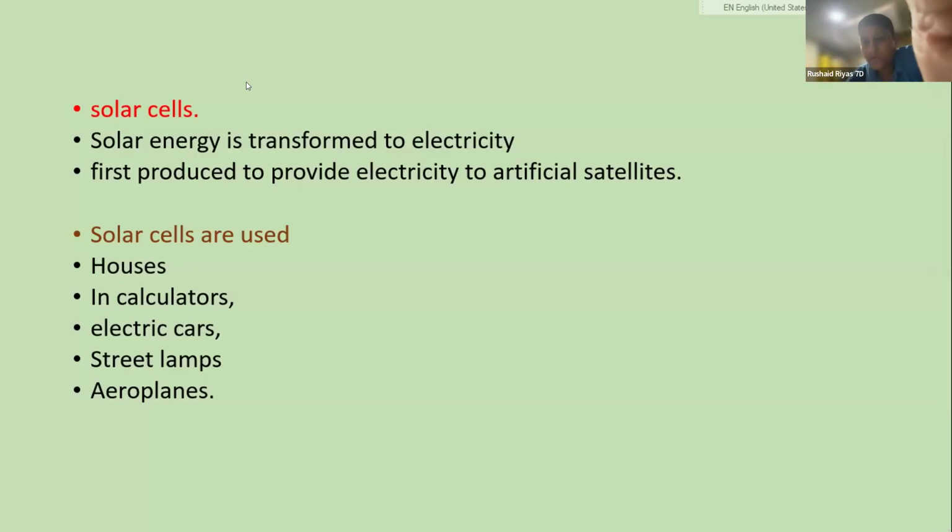Miss, Mars rovers also have these solar cells. Sorry? Mars rovers. Yes.